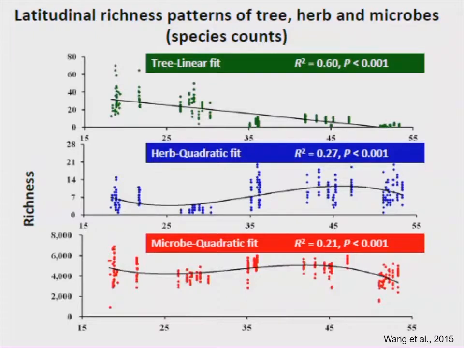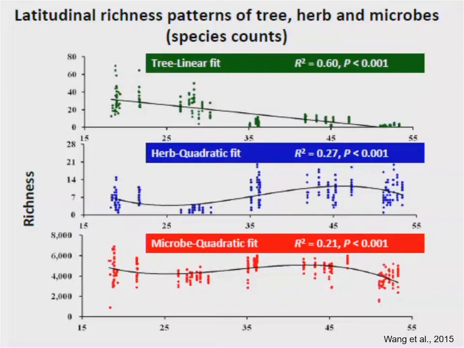And then we study the relationship of microbes with, for example, this is a tree, with the increase in latitude, the tree diversity decreases. This is herbs, grass, has this form. This is microbes. Certainly, just from this graph, you can see there is a very similar pattern of microbial diversity with grass diversity.